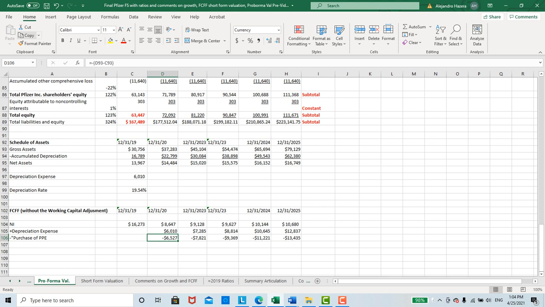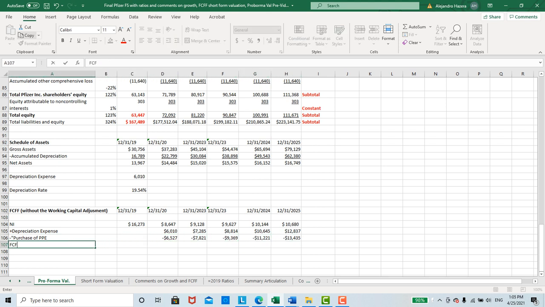If you're going to grow fast, you're going to buy tons of fixed assets, and you'll be depreciating at some rate, but you'll be purchasing your investments in fixed assets at a much higher rate than you're depreciating them because you're expecting future growth. So this does make a little bit of sense conceptually.